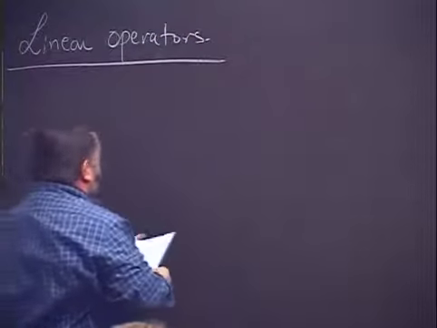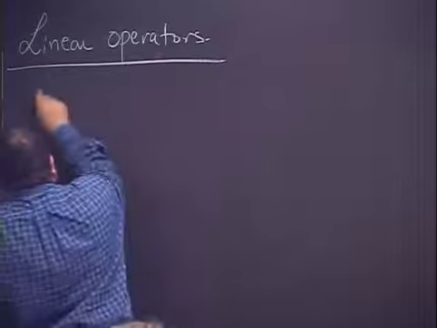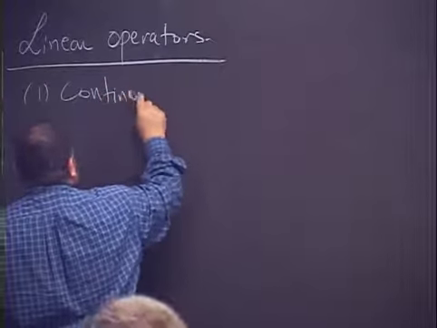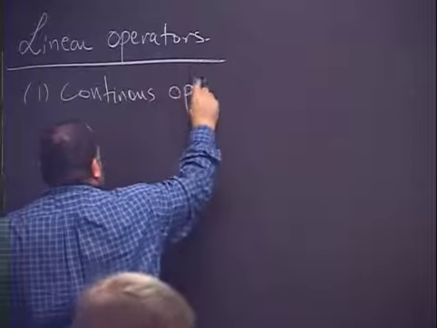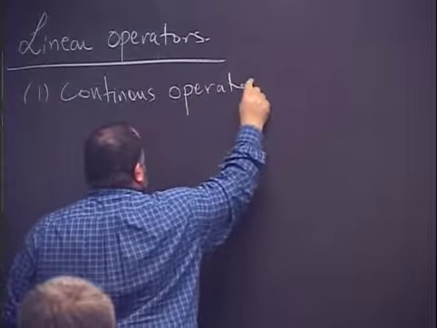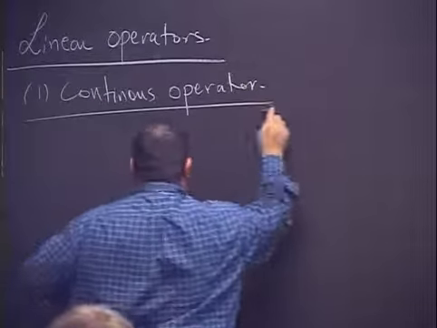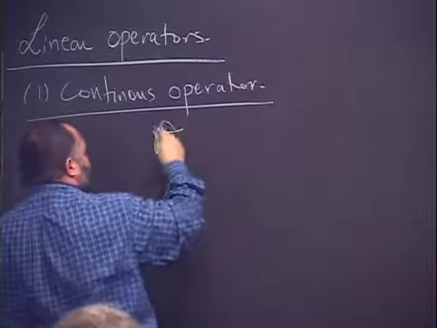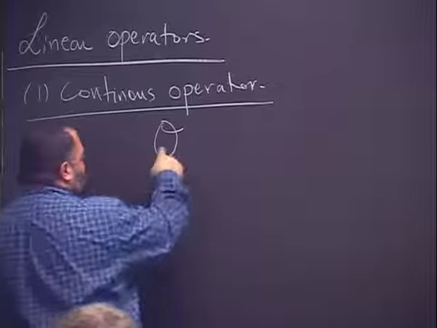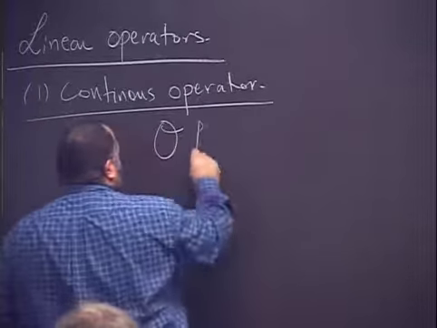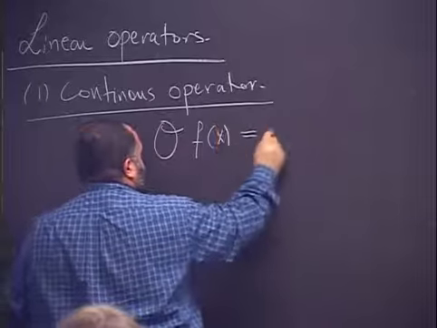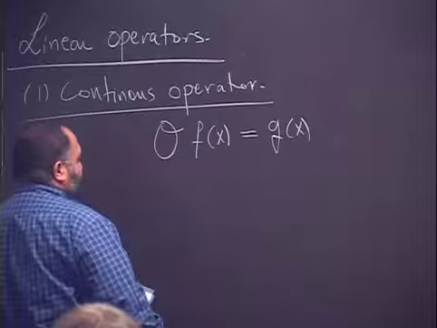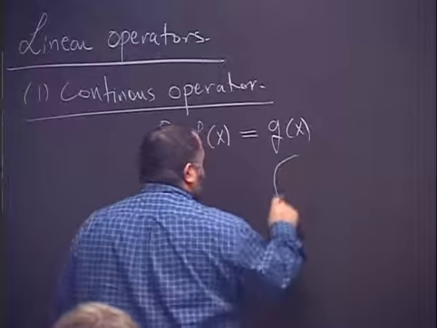So, linear operator. We will first define what we mean by a continuous operator, and usually we will call it O, as we talked before. This is not theta, this is O. If you operate over a function f of x you will obtain another function g of x, and it's just a mapping.